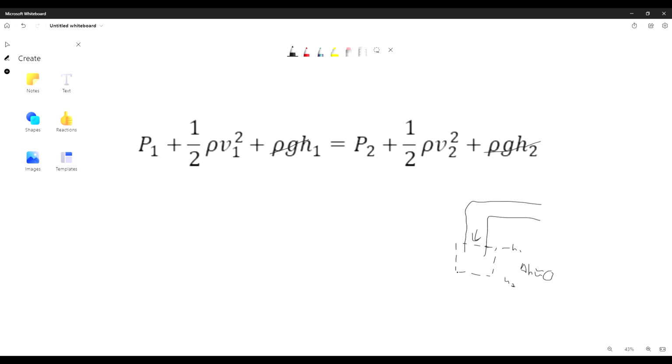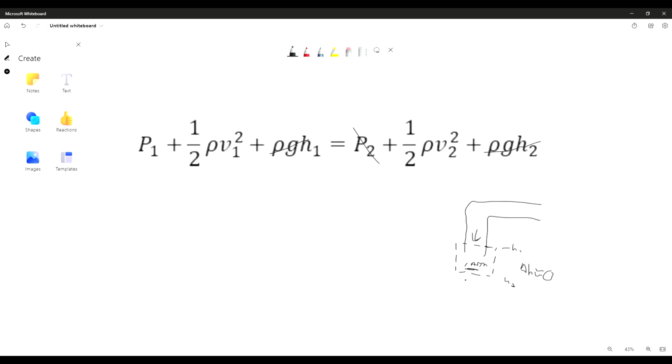Then we are going to assume this is normal 1 atmosphere right here. And since we are looking for the gauge pressure, not the atmospheric pressure, and we are assuming this is section 2, that this is 0. So pressure 2 is 0.